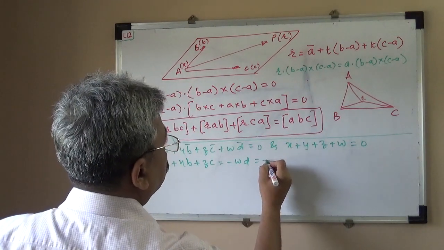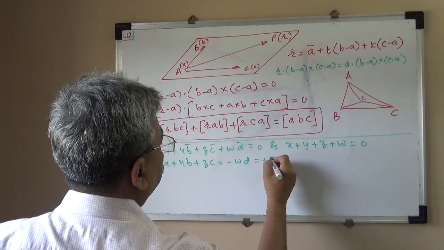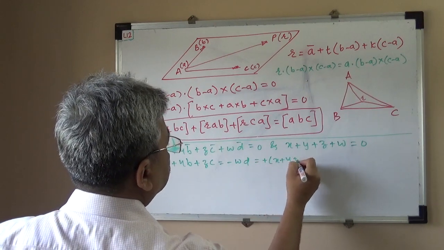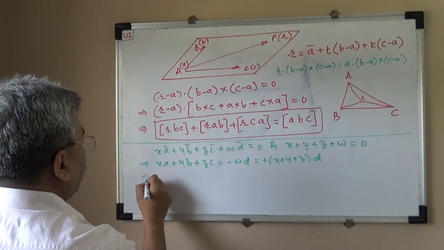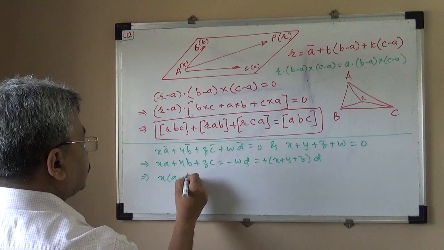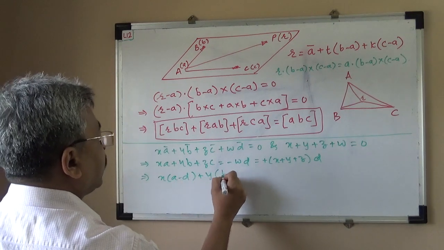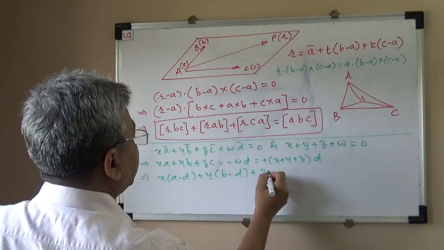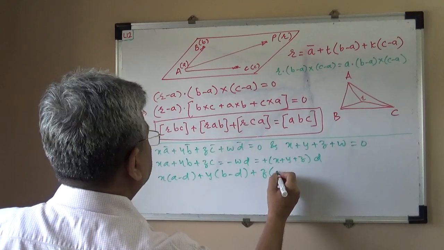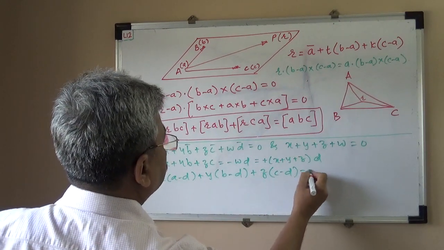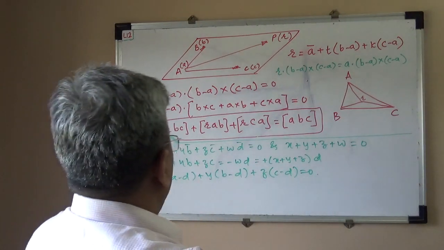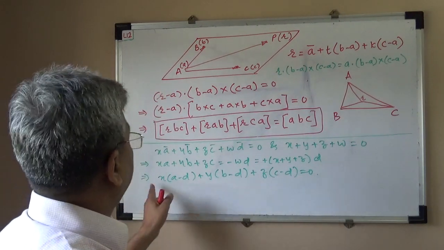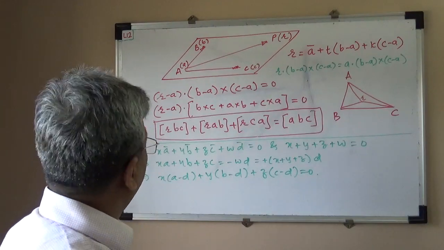So this is opposite of opposite: x plus y plus z times D, and if I bring them back over here, what we get is x(A minus D) plus y(B minus D) plus z(C minus D) is equal to 0. If A, B, C, D are coplanar points, then this is going to be true.